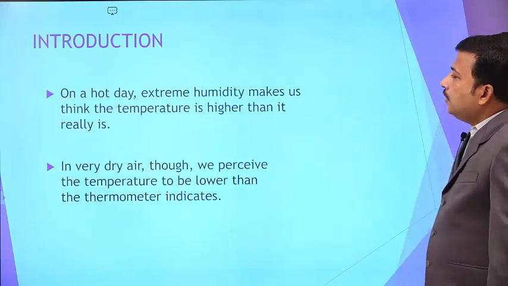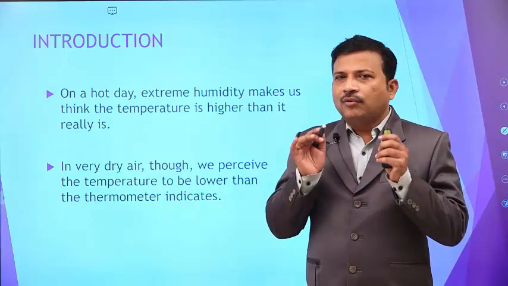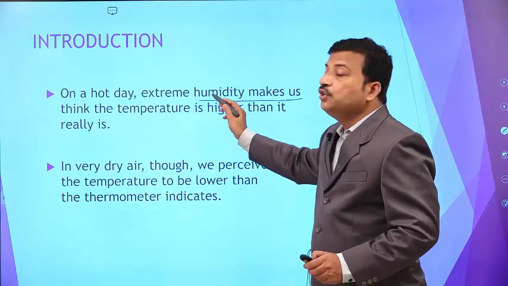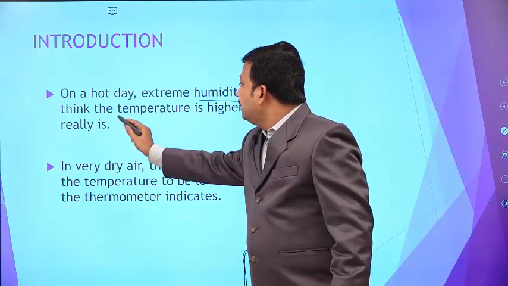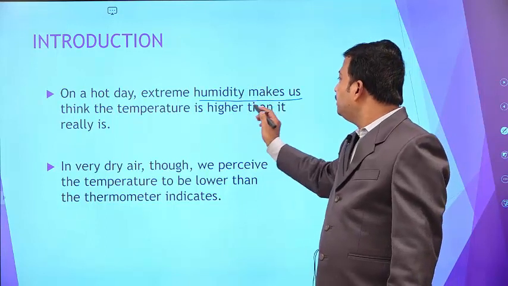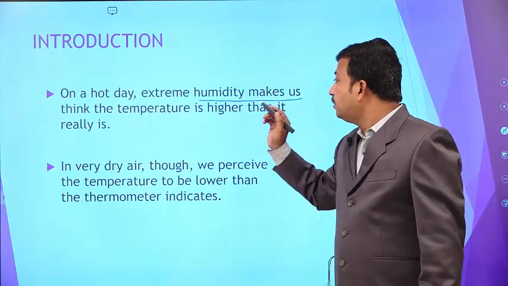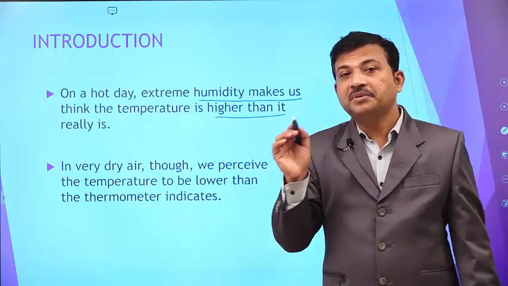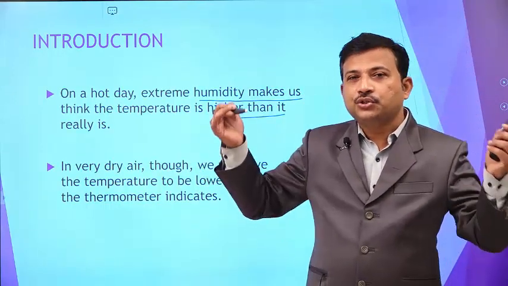I'll give one example, a beautiful example. On a hot day, extreme humidity makes us think the temperature is higher than it is. Is it really? It means if humidity is there, we feel so hot.